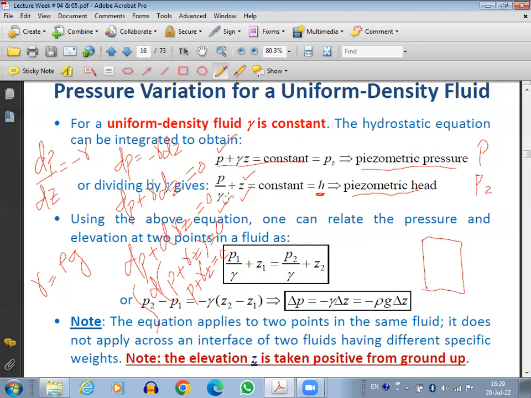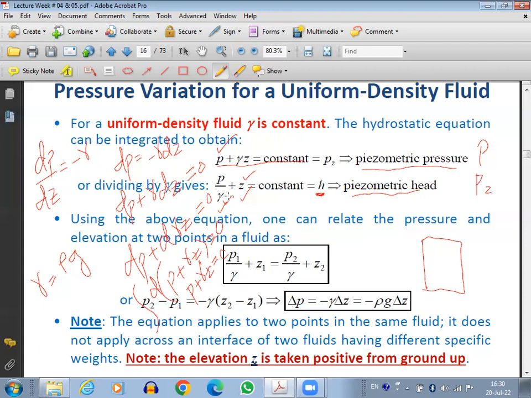When something is falling from a height, its velocity is increasing, so the kinetic energy is increasing, because the potential energy is being converted into kinetic energy. So the total energy content is the same.